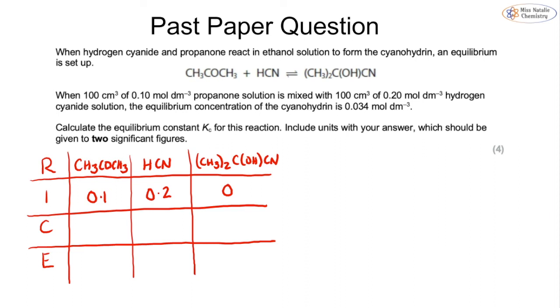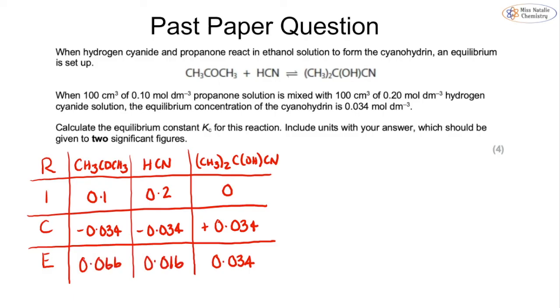And at equilibrium, I'm told this is 0.034. So my change here is plus 0.034. Now because they're all in a 1-to-1 ratio, my changes are minus 0.034. So that now gives me new concentrations at equilibrium of 0.066 and 0.016.